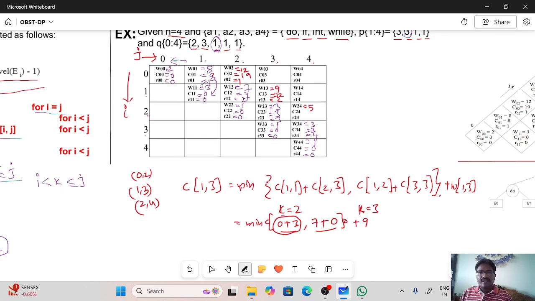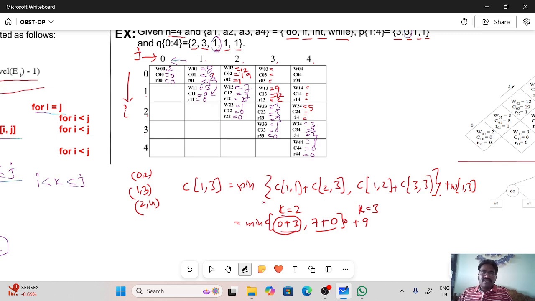In this way, we are going to fill the entire table with W14, C24, then R24 with the difference 3, 0 to 3 cost, and also R03. Then with the difference 3, 1 to 4 with weight 1,4, with the cost 1,4, with the rank or root. And finally, we reach the difference 4.